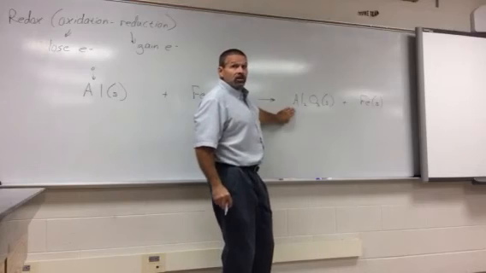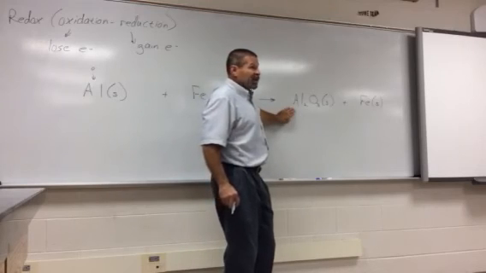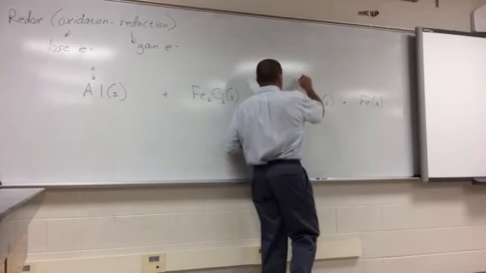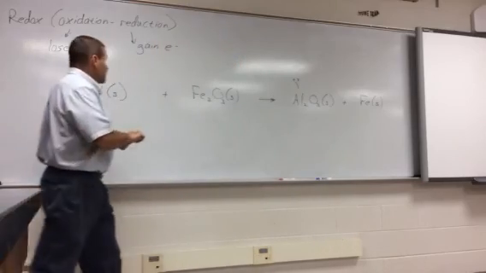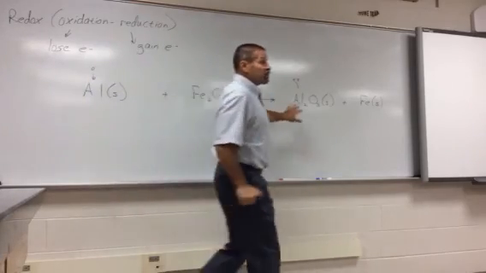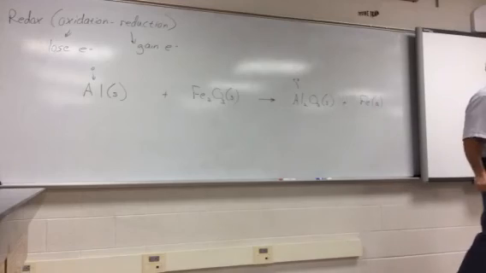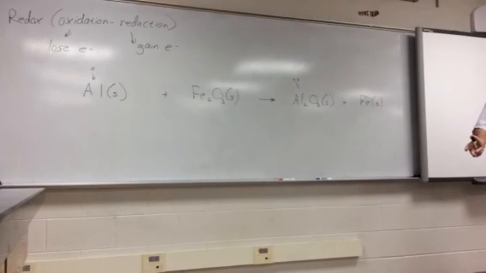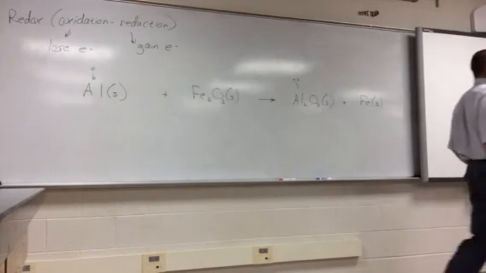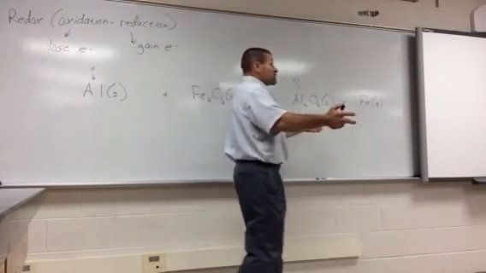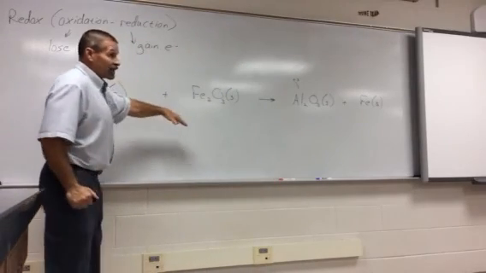Aluminum has an oxidation state of +3, right? So can you see what's happened to the aluminum? It went from 0 to a +3 oxidation state, so it must have been oxidized, right? If the oxidation state goes up, something's been oxidized. It means it's lost electrons. So aluminum is losing electrons.